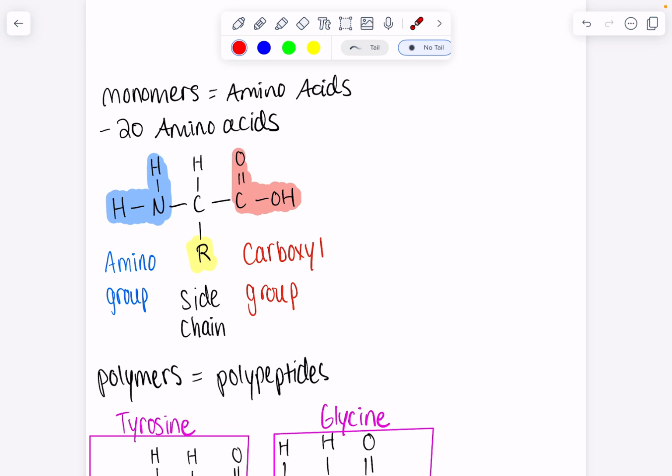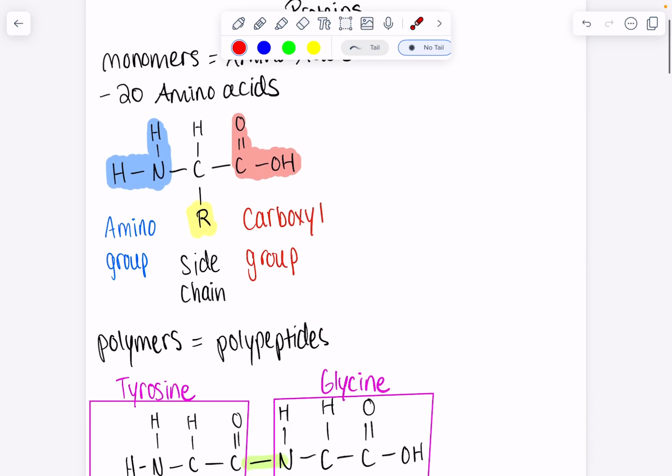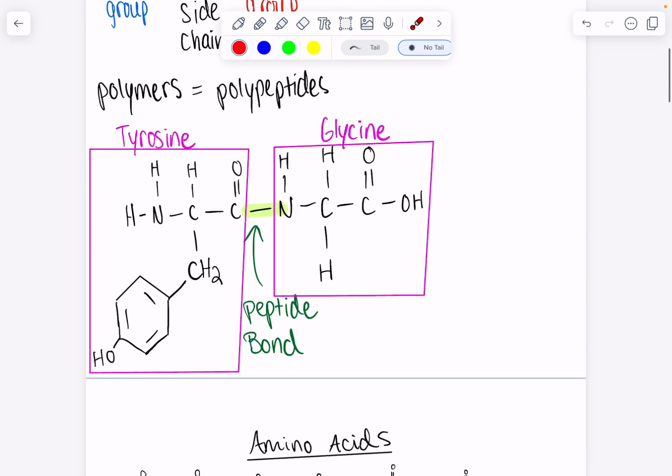And remember, when we link several amino acids or monomers together, the polymer form of proteins is called a polypeptide. Here we have an example of a polypeptide.